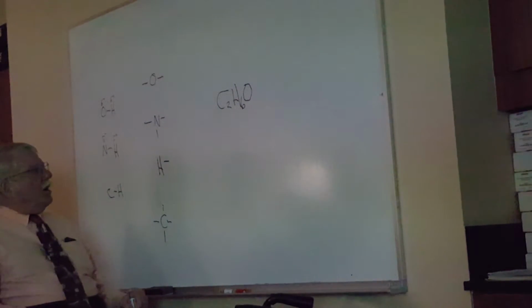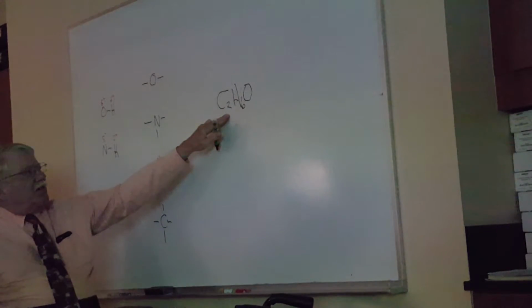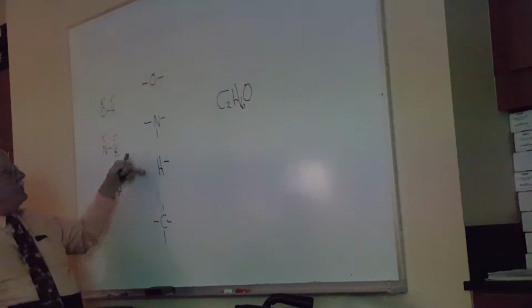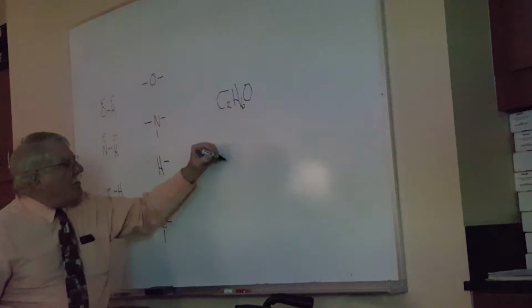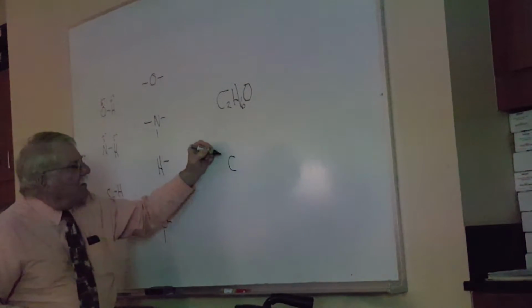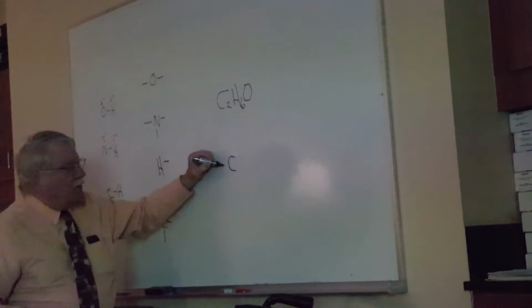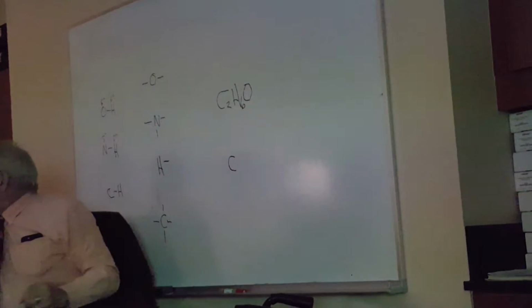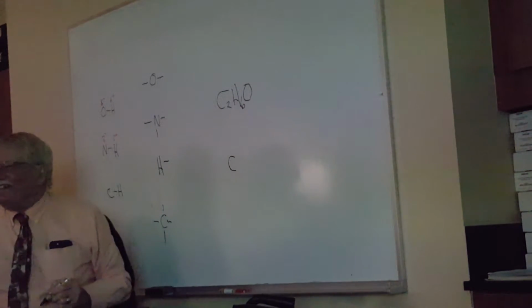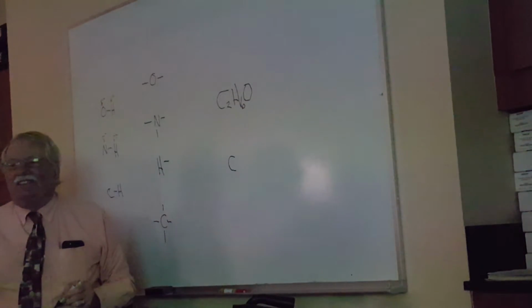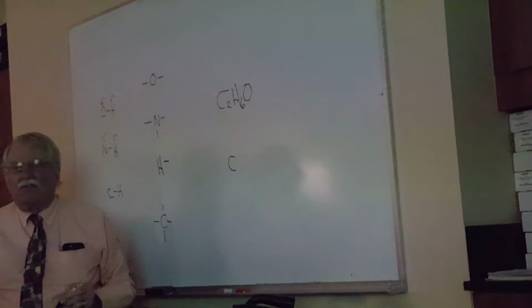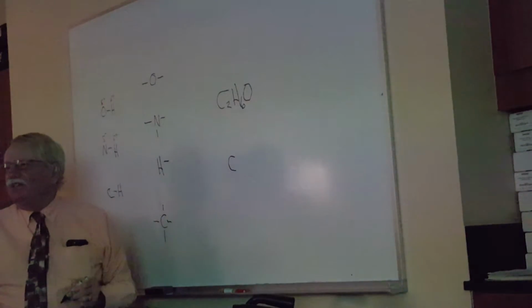So the point is, you want to draw a structure, and I'm not telling you what structure to draw, as long as it obeys the bonding rules. These are the bonding rules, okay? And every carbon has to have 4 things hooked onto it.